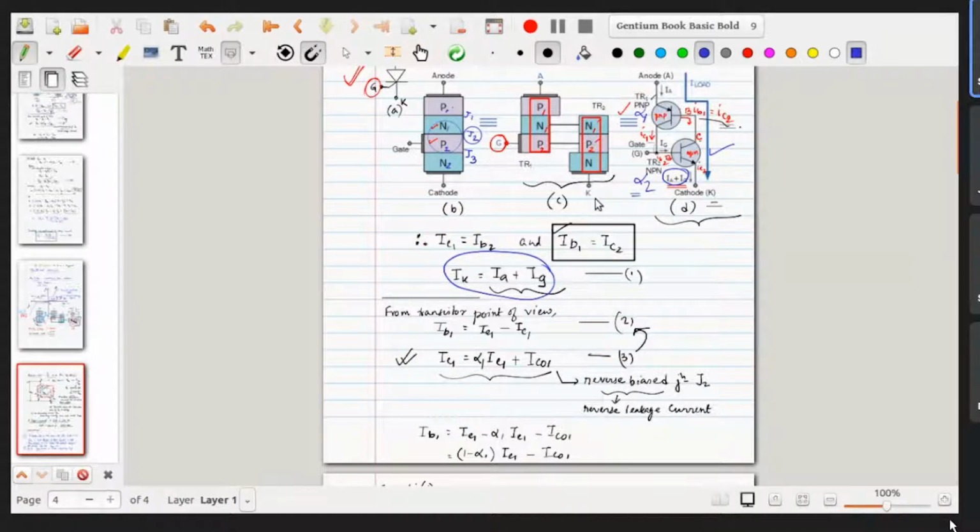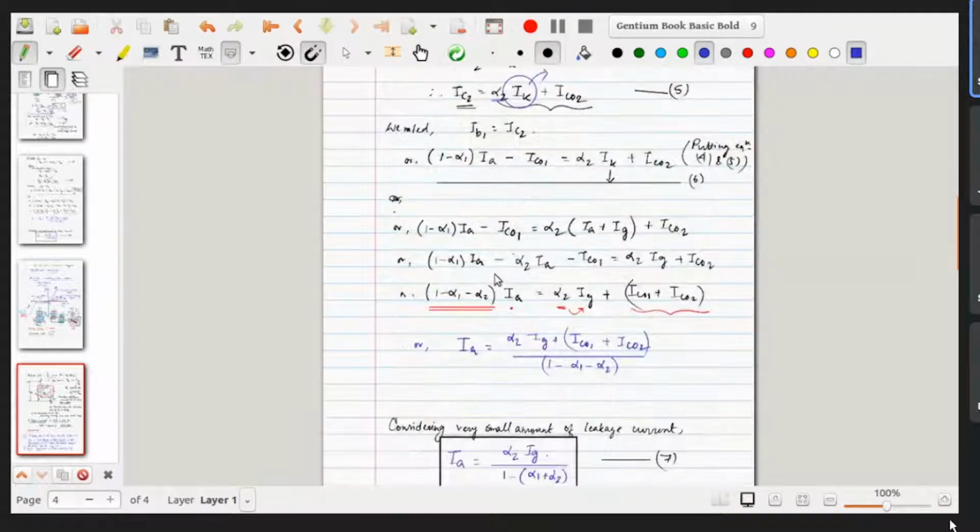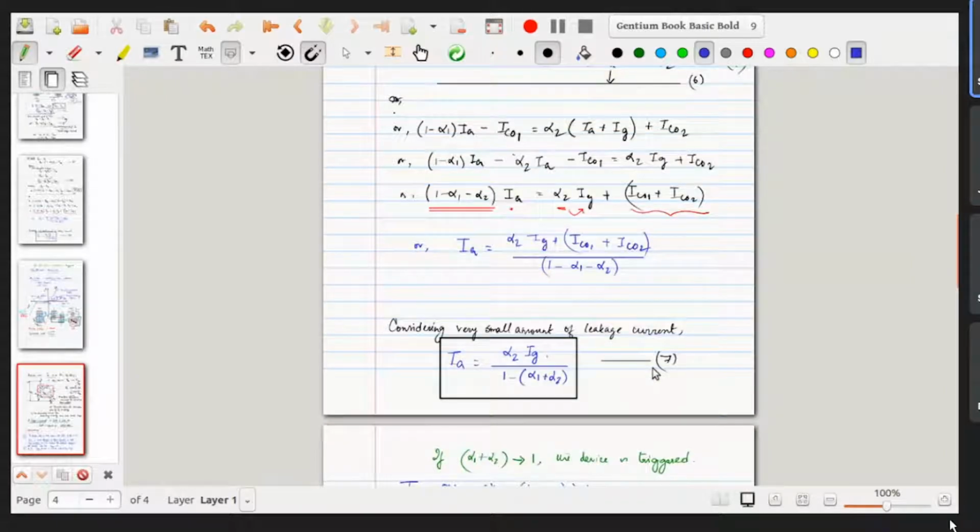We use the intermediate states of the 2 transistors, emitter, base and collector currents, but we slowly remove those IE1, IE2, IB1, IB2, IC1, IC2 and ICO1 and ICO2 parameters.